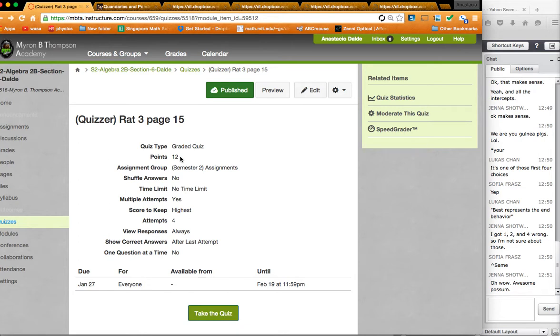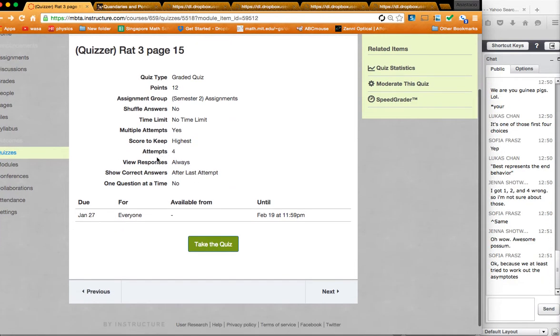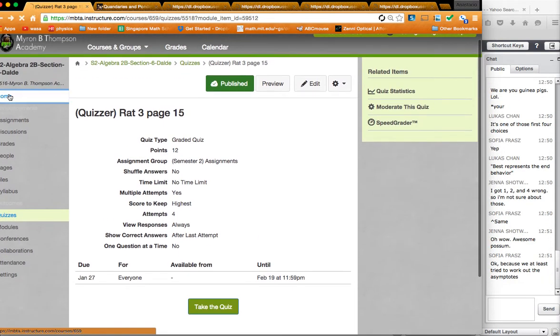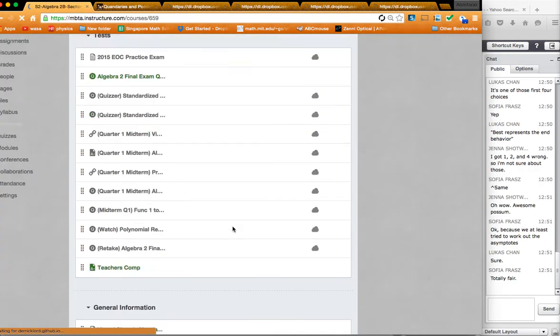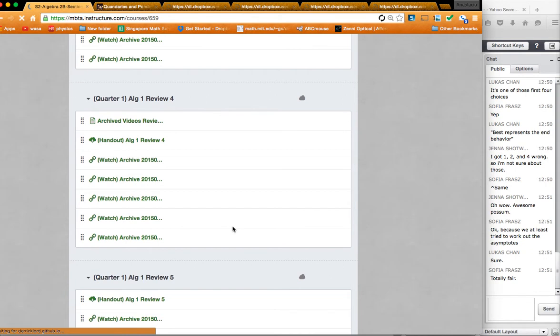That's not fair. But if you even tried it, if you attempted it, hey, guess what? Automatic 12 points. Does that sound fair to you? And I did that already for this 14-point assignment that was due, I think, the other day. I think it was not page 15, but page 14 or something like that.